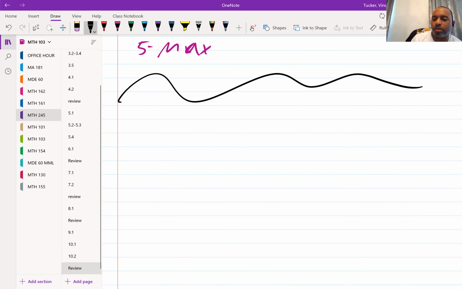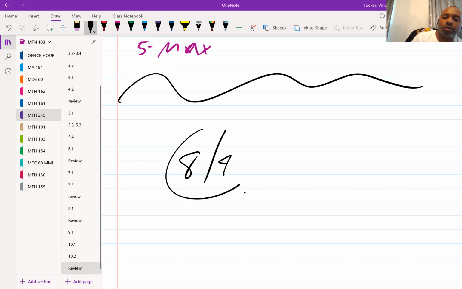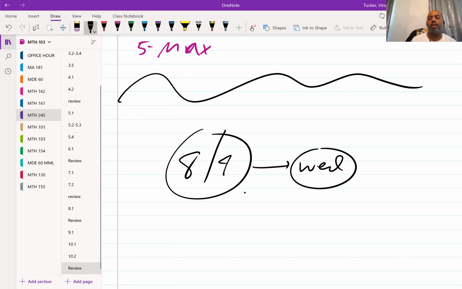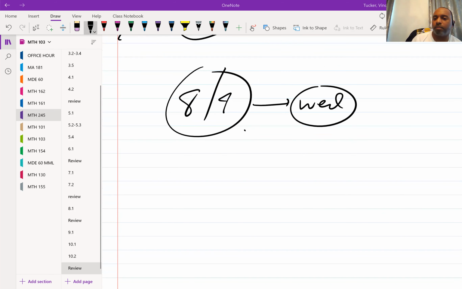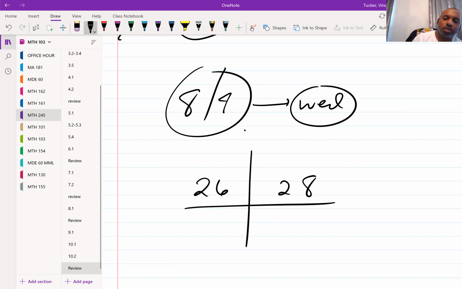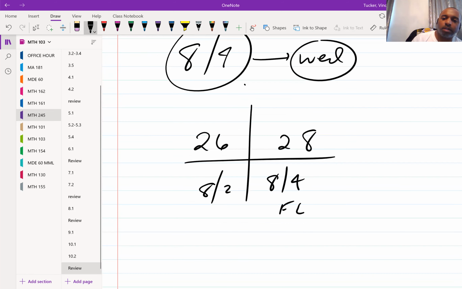So our final exam, I went ahead and decided that's going to be August 4th, which is a Wednesday. That's our last day of class. So if you look at what we have set up, we have the 26th, 28th, August 2nd, August 4th, which is the final exam day.